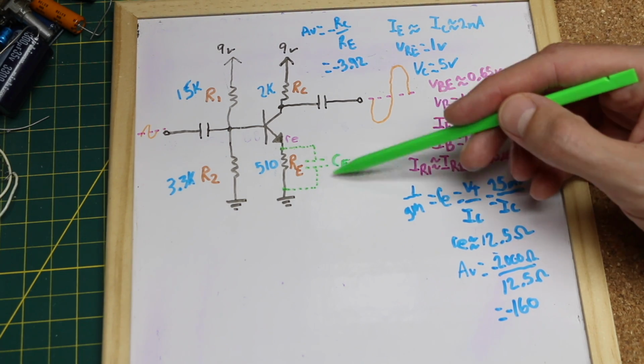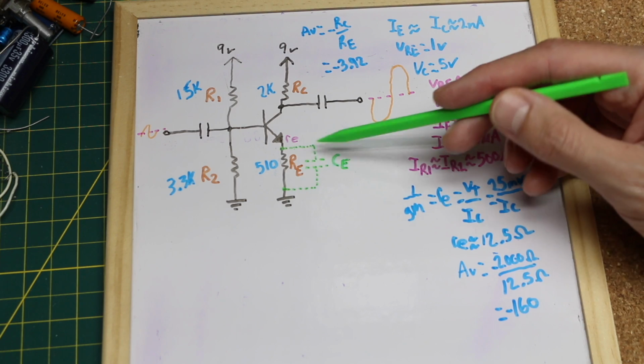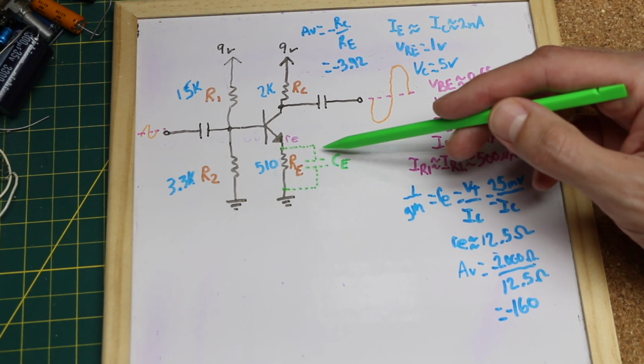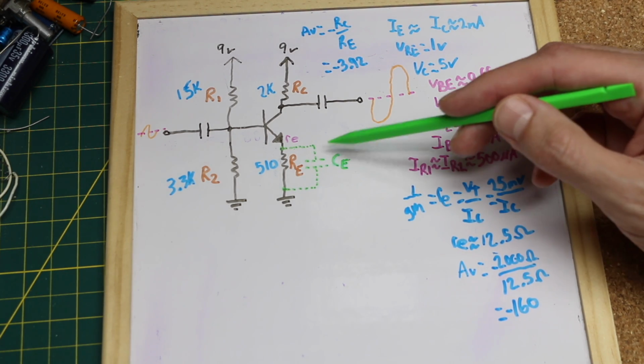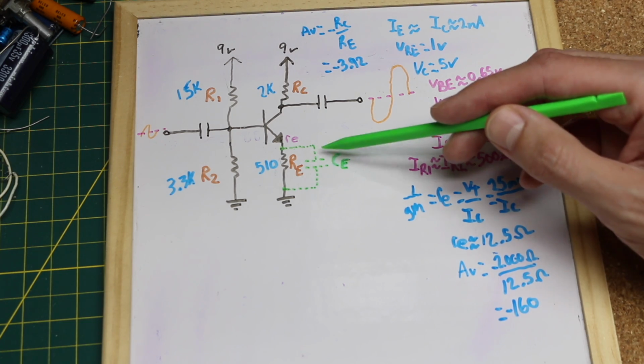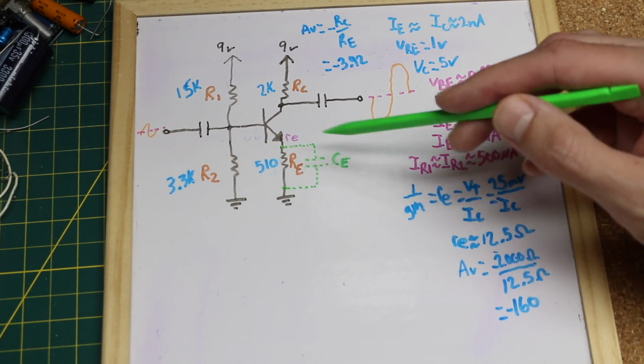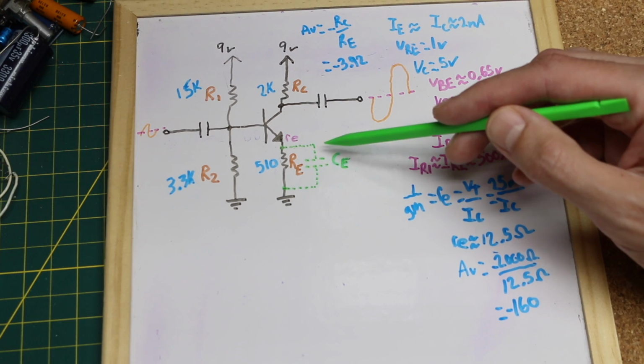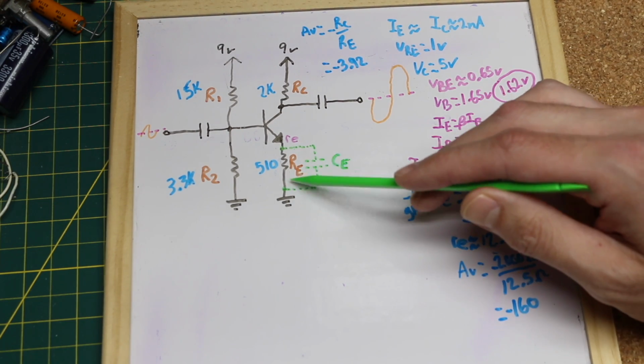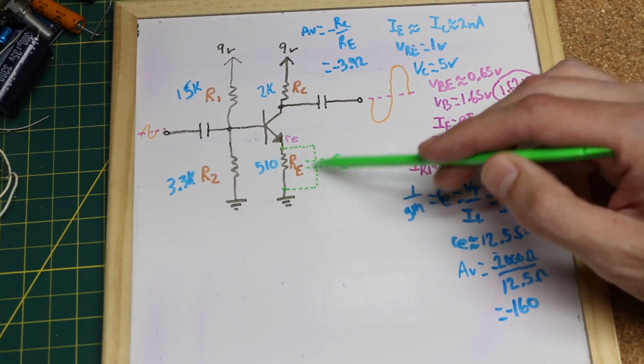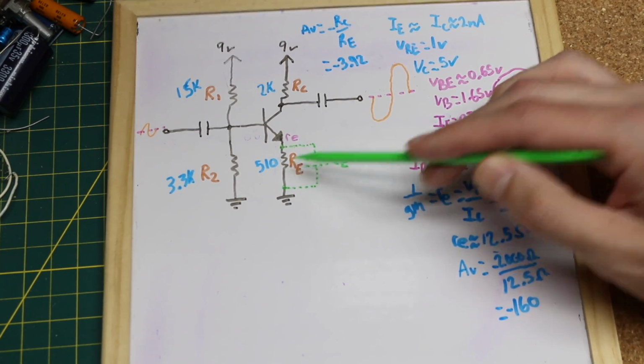So to determine a capacitor value for this emitter bypass, one approach is to make the reactance 1/10 of the emitter resistance or less, so that when this reactance is in parallel with this emitter resistance, it becomes a much smaller impedance.